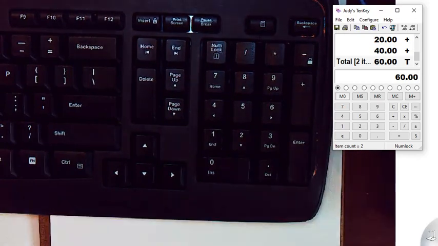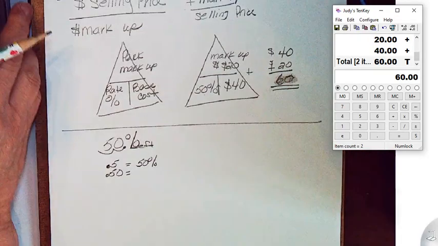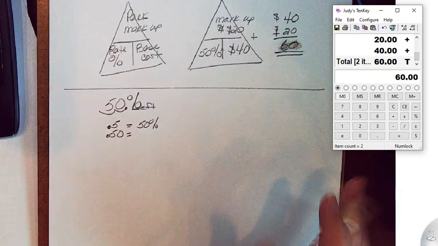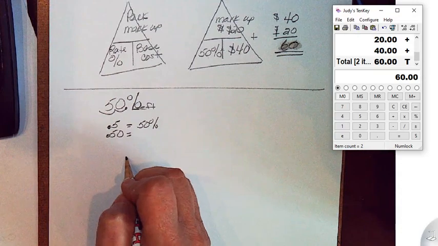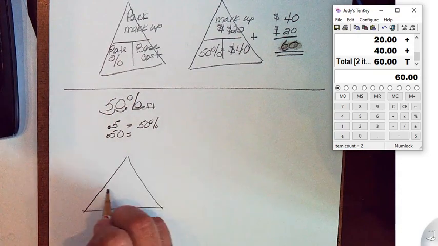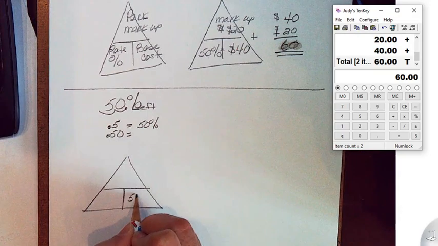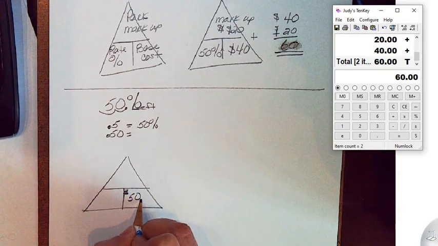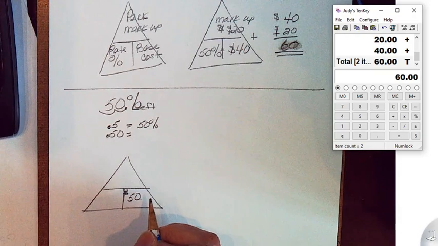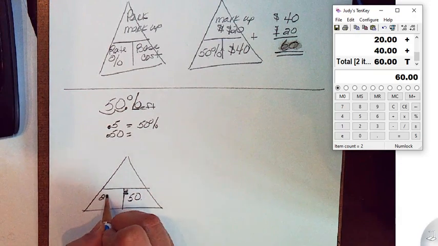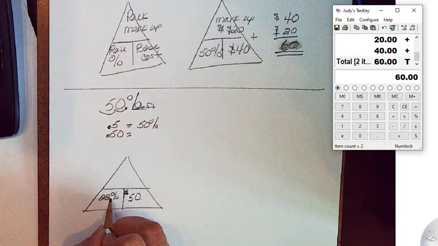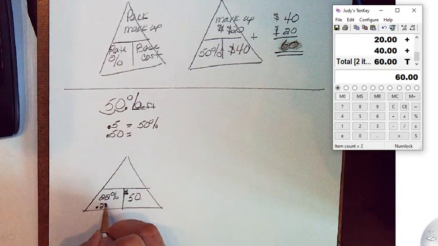So that's page 138, part A. So let's do the next one on part A. Part A, the cost this time is based on cost, so my cost is in the right part of the triangle. The rate is 22%, so I can do 22% or convert it to a decimal, 0.22.